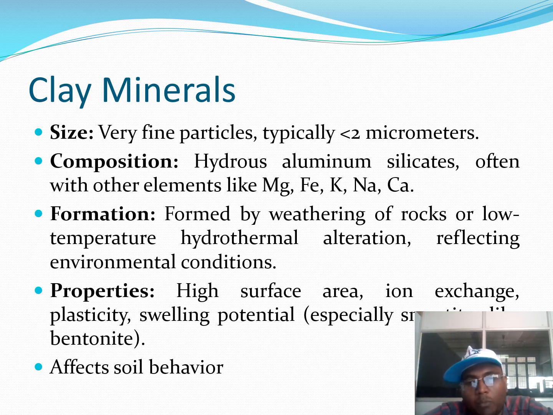Weathering means the rock surface or larger particles of rock are converted into smaller particles. Generally, weathering can be classified into three types, namely physical weathering, chemical weathering, and biological weathering. These minerals have properties like high surface area, ion exchange, and plasticity.